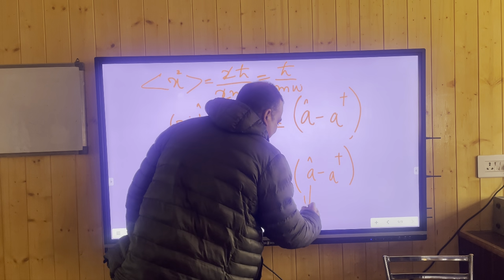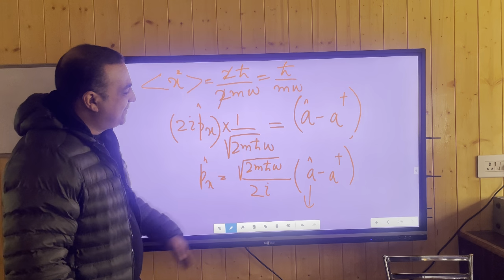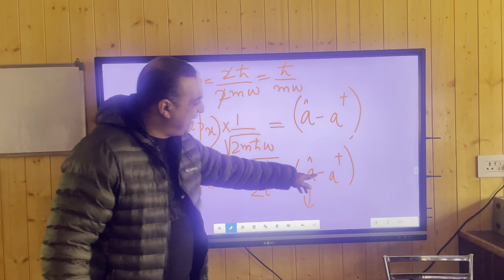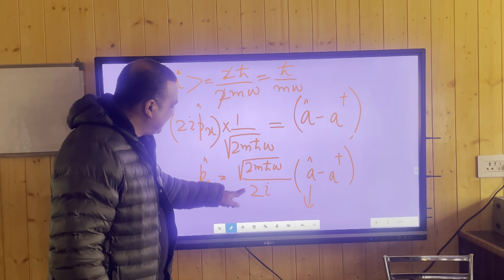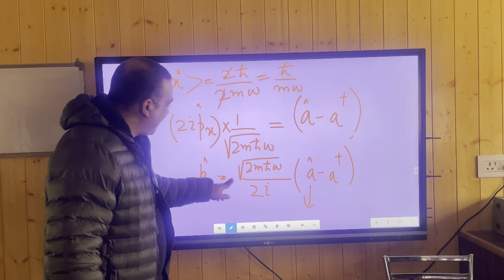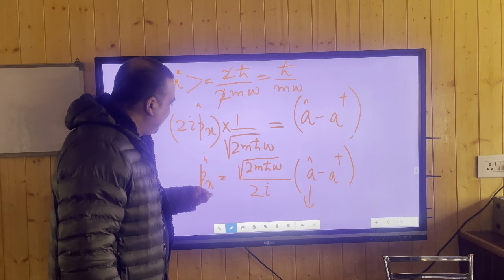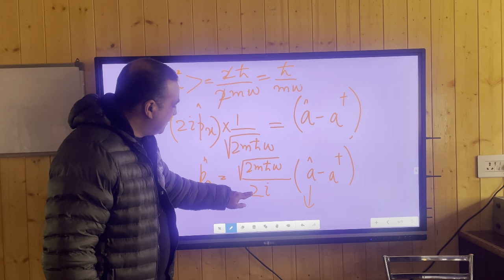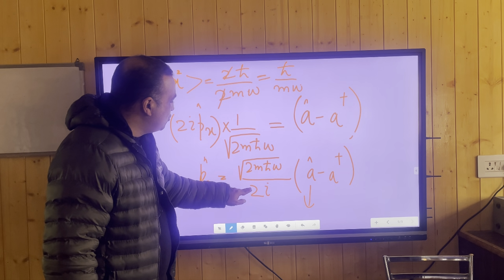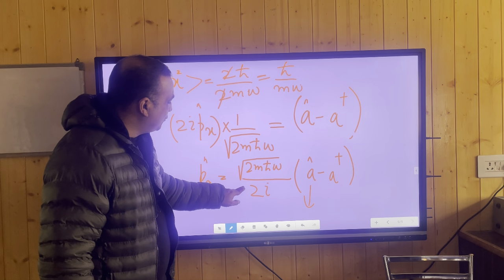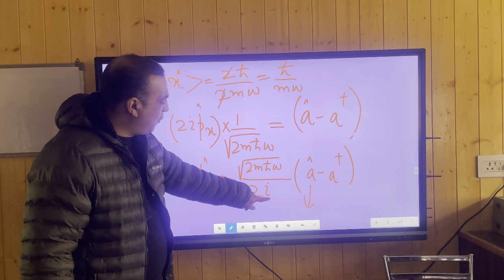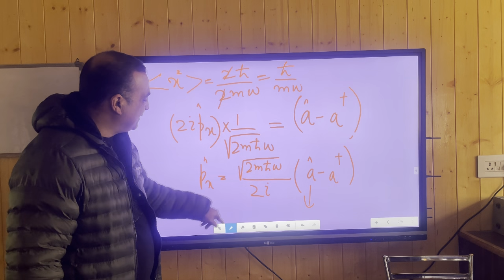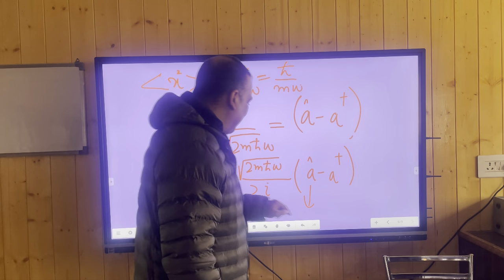Now a cap, here, it's not a unit vector, it's an annihilation operator, and a dagger is a creation operator. So we can easily see here that this iota can be taken on the top, and this 2 can be taken inside the root. So when you take it inside the root, 2 will become 4, and 2 and 2 will cancel.